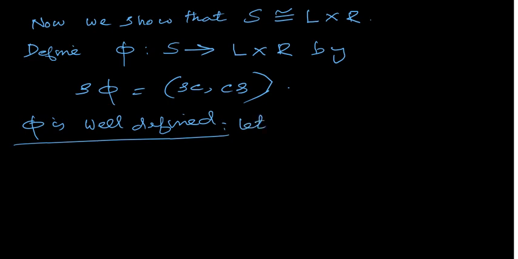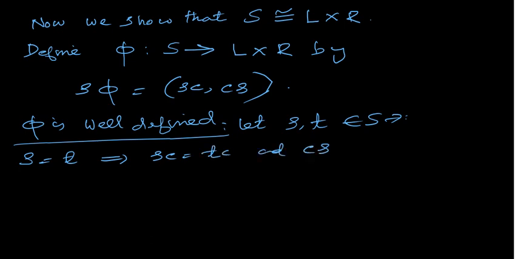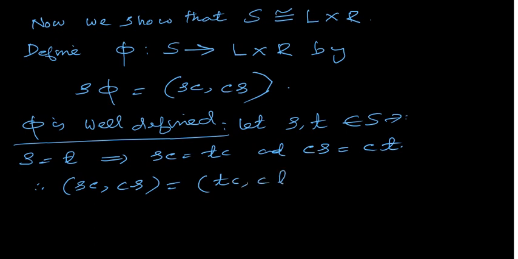So let's choose elements S and T in S such that S is equal to T, which means that SC is equal to TC and CS is equal to CT. Therefore SC, CS is the same as TC and CT, which implies S phi is equal to T phi.